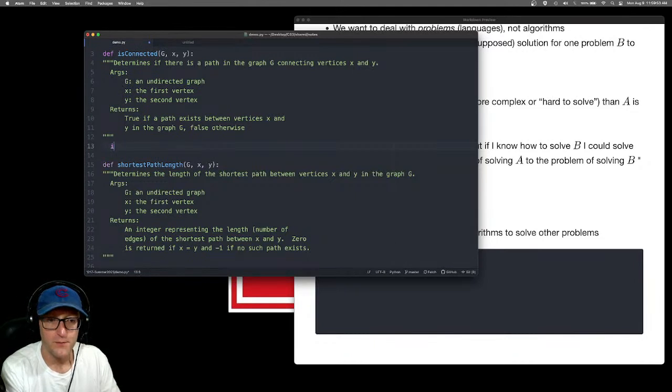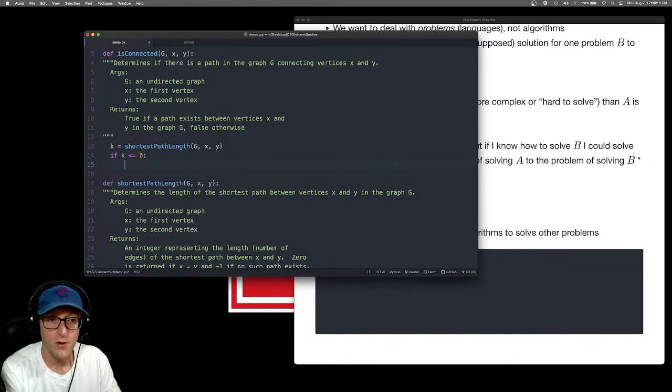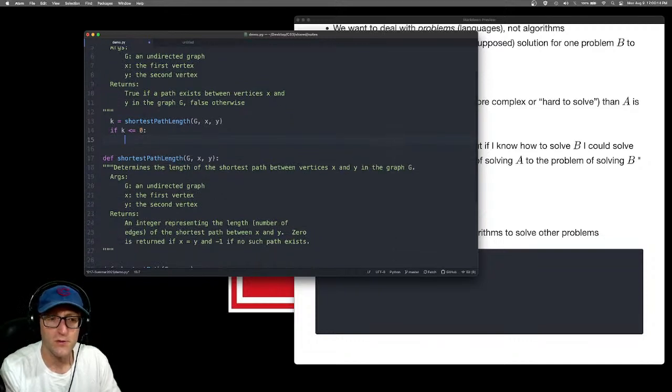I'm going to go ahead and say k is equal to shortest path length, passing it the same arguments g, x, and y, right? If k is 0, I'll return true.